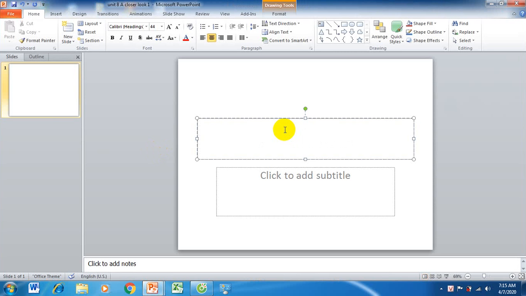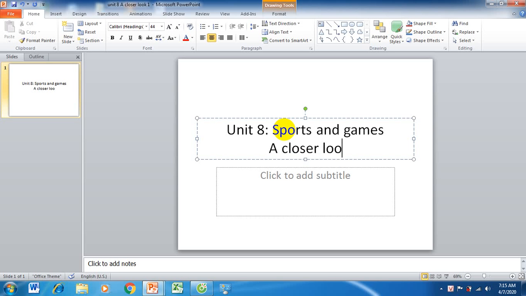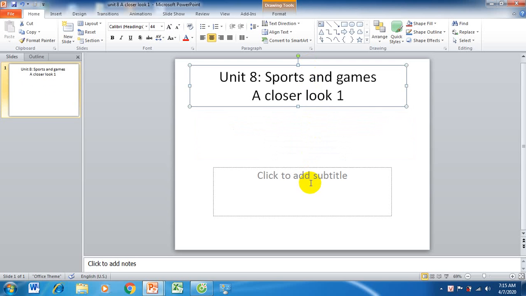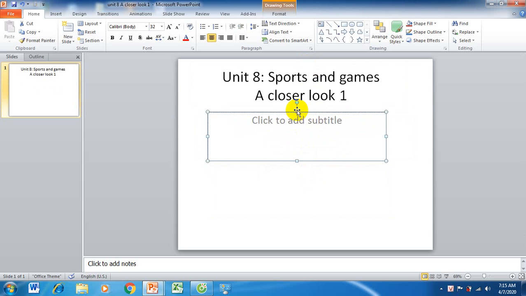Okay, we write Unit 8, Sports and Games. First, vocabulary. Okay, you write all the new words.